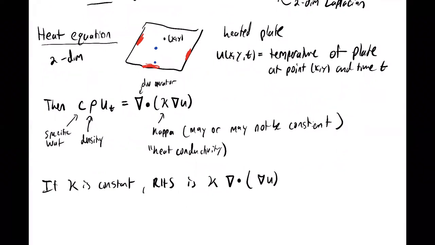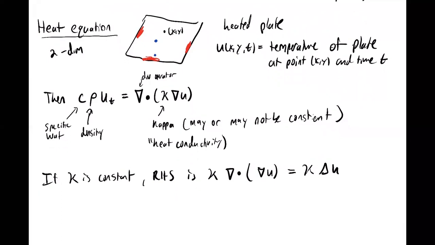But it's an easy calculation to see that the divergence of the gradient is the Laplacian operator. So you get kappa times the Laplacian of u. And so in this case, the heat equation becomes the time derivative of u equals kappa divided by c times rho, times the Laplacian of u. So this is just the diffusion equation again, with maybe a different constant.